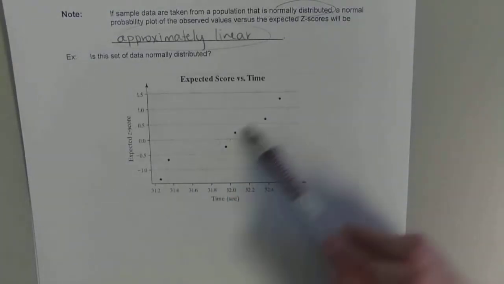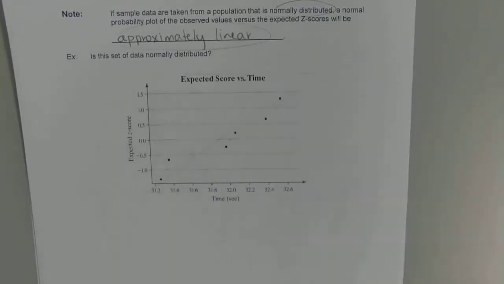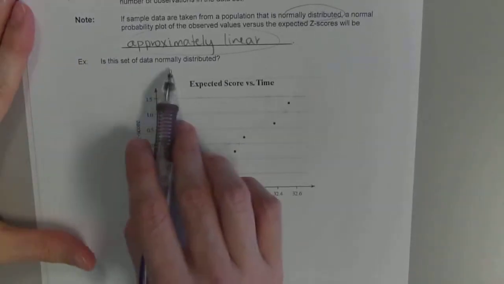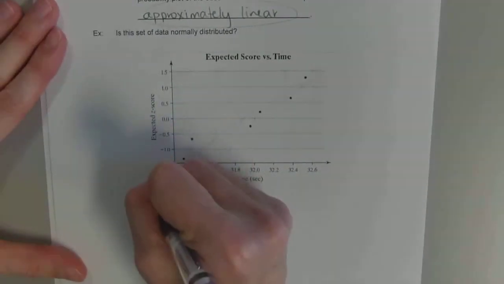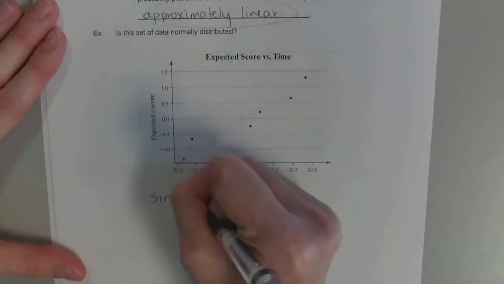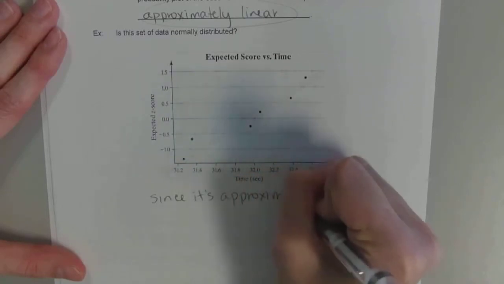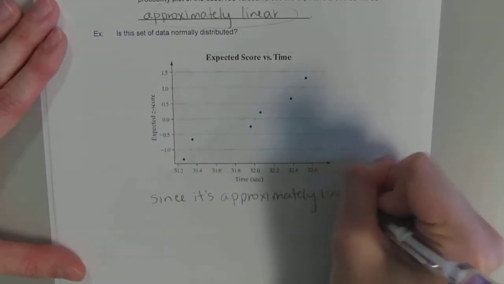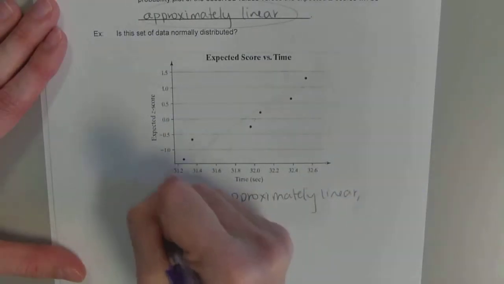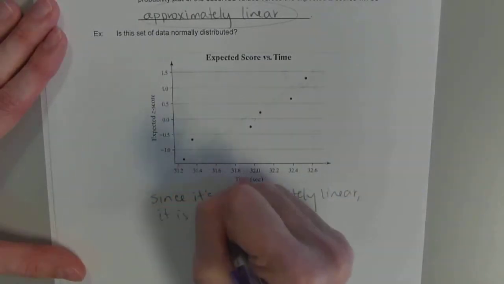What we care about in general: do you guys think that this follows a line? Remember chapter 4? Would you say in general that follows a line? So the question is, is the set normally distributed? Since it's approximately linear, it is approximately normal.